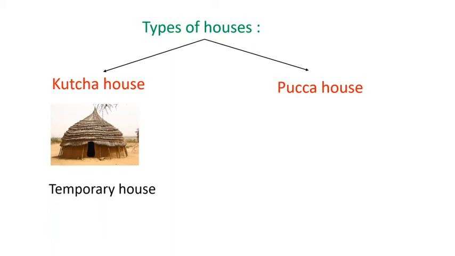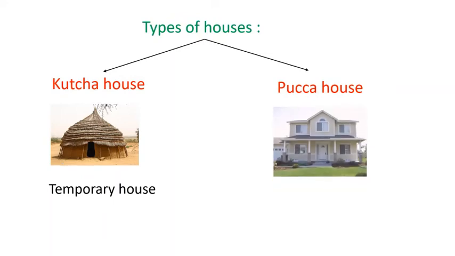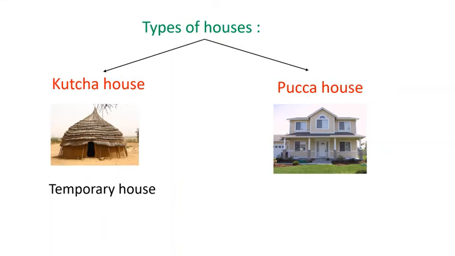Very good. And the house made of cement, bricks, wood, and iron, what do we call such houses, children? Yes, pakka house. And they're also known as permanent houses.